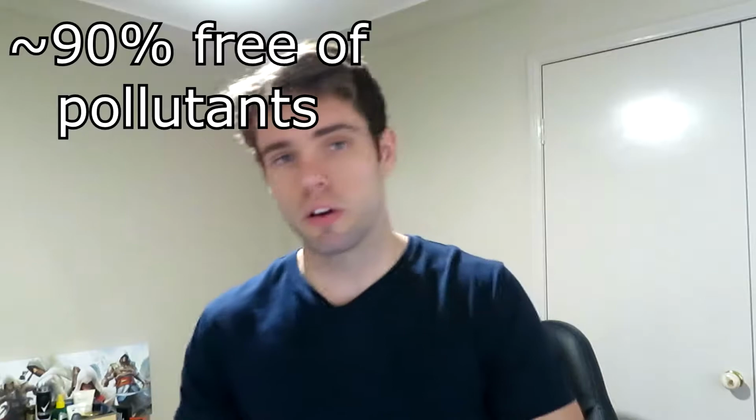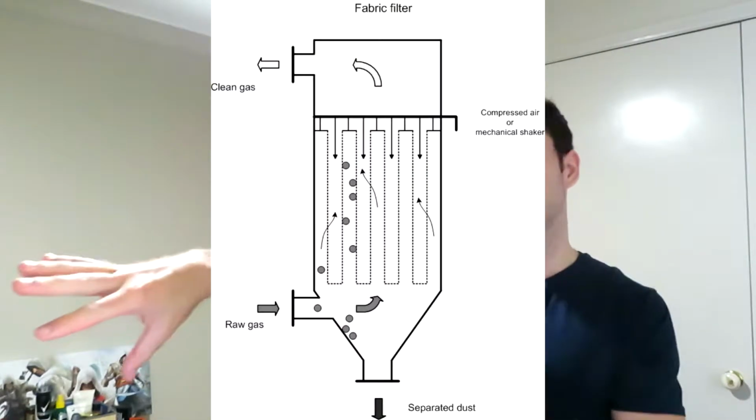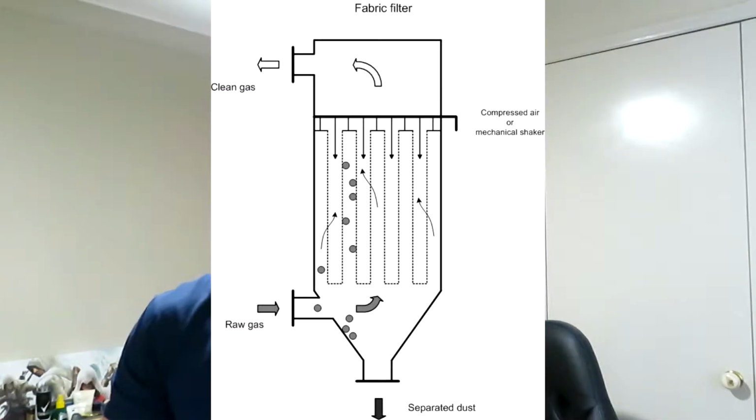This usually targets smaller particulate matter more than anything, but it's been said to produce smoke that's roughly 90% free of pollutants. So that's pretty good. Fabric filters, not used as much but still used, have a porous filter that the smoke travels through and captures any small particulate matter that's trying to pass through.